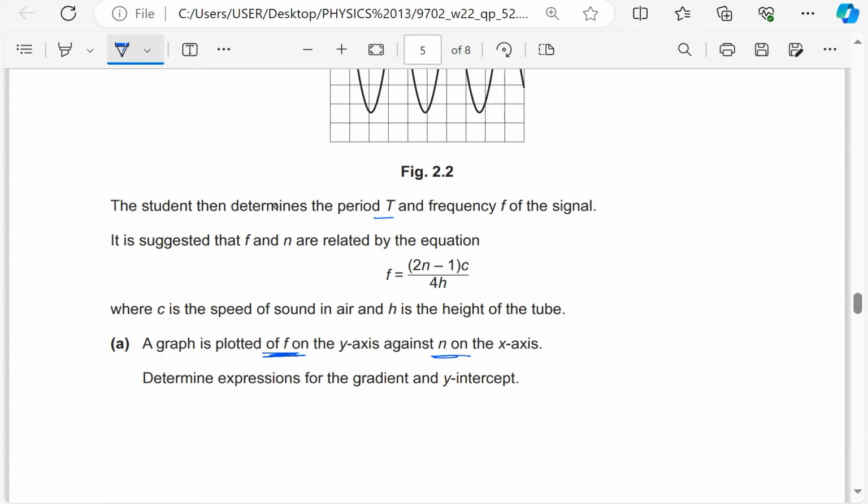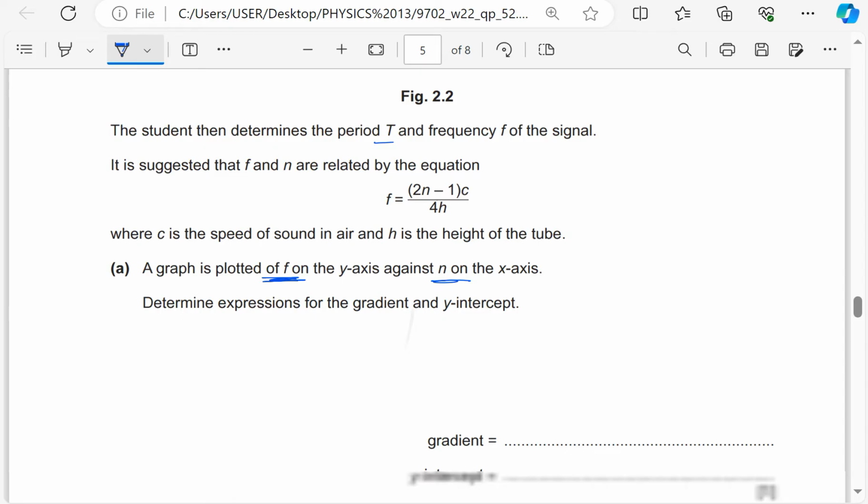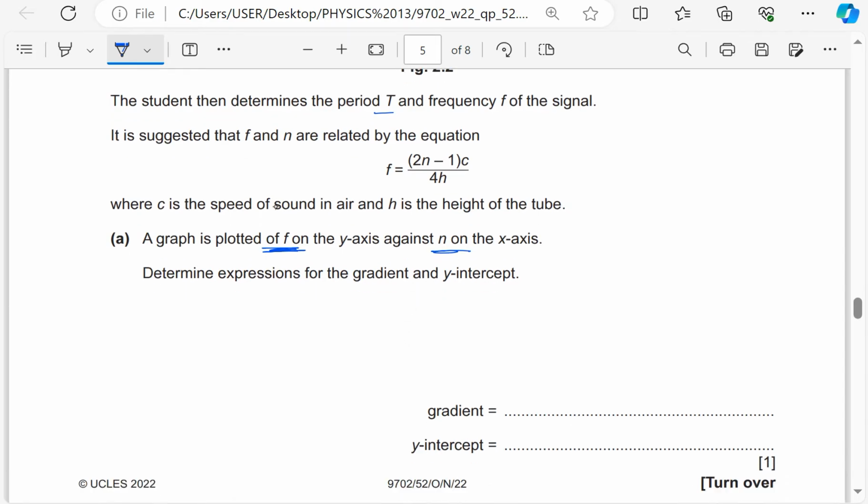Okay, so I must make sure f is the subject, and I must make sure that I break down n so that it stands alone. Determine an expression for the gradient and y-intercept. So I'm going to break down that equation. So f is going to be 2n c over 4h minus c over 4h. I've opened the bracket.